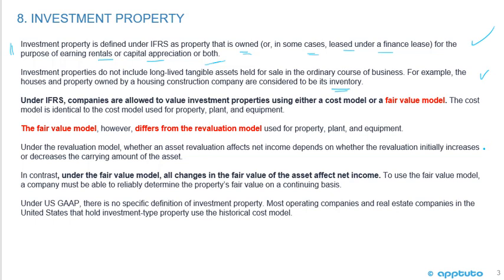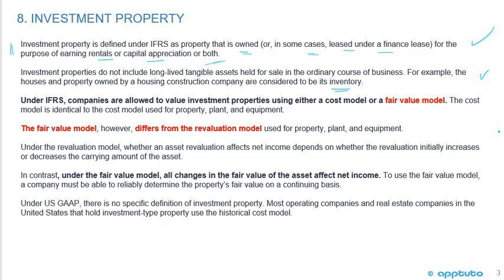Under IFRS, companies are allowed to value investment properties using either a cost model or a fair value model. The cost model is identical to the cost model used for property, plant, and equipment. The fair value model, however, differs from the revaluation model used for property, plant, and equipment.